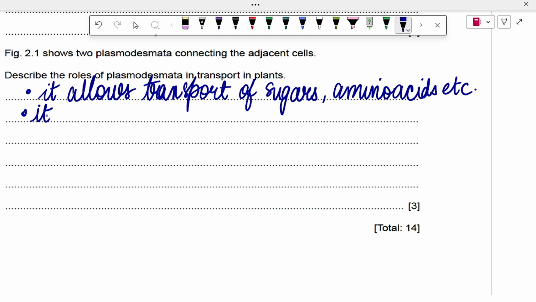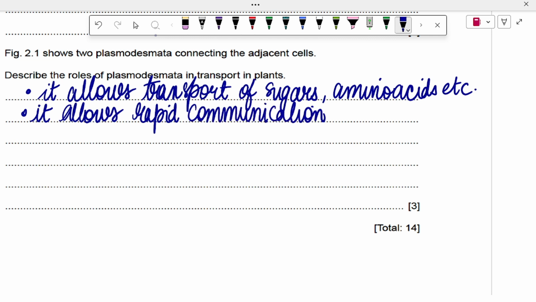Third pointer that you'll learn in transport and plants. तो जब हम वो करेंगे, we'll see this question. It allows rapid communication between adjacent cells.